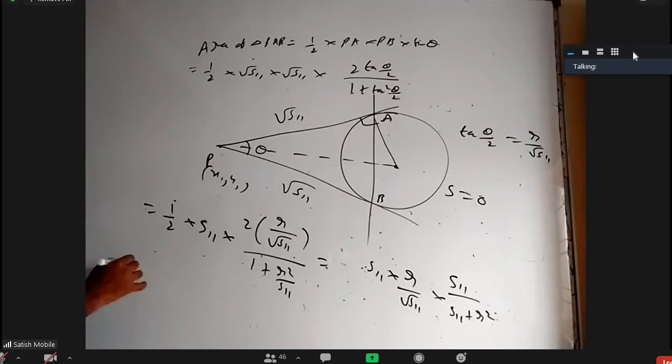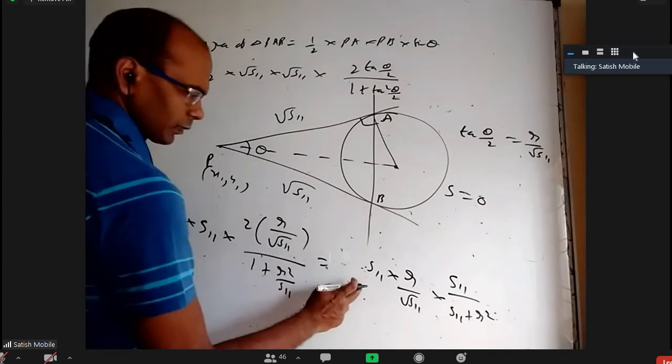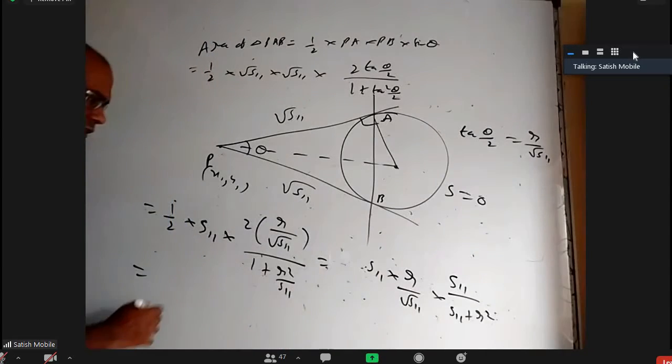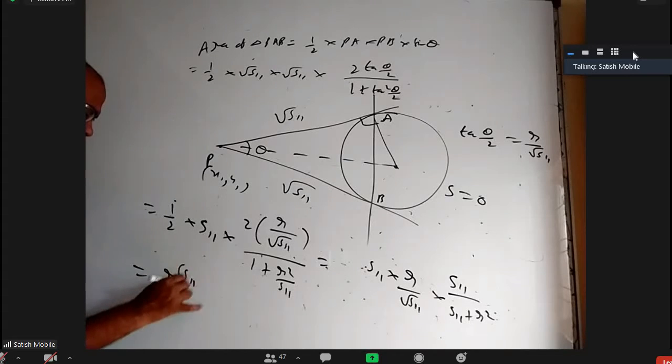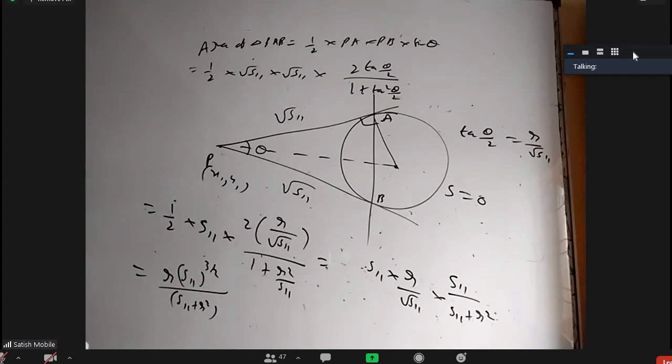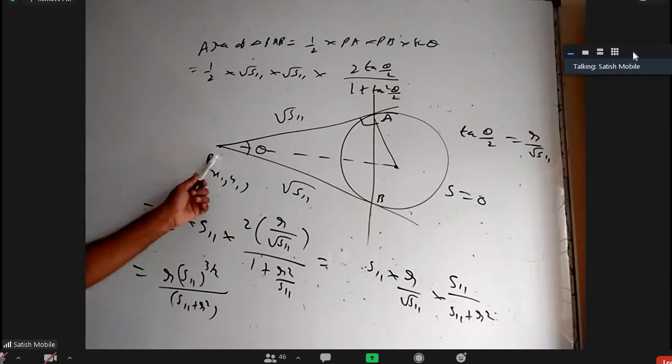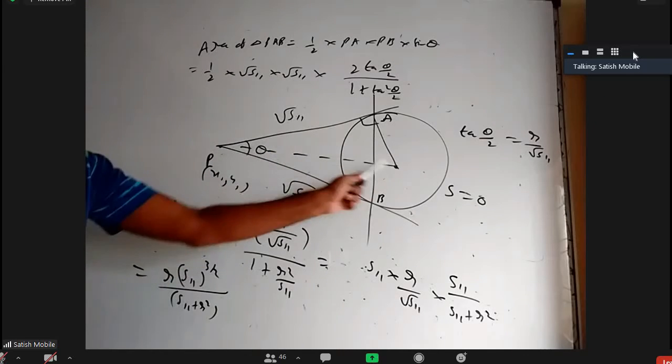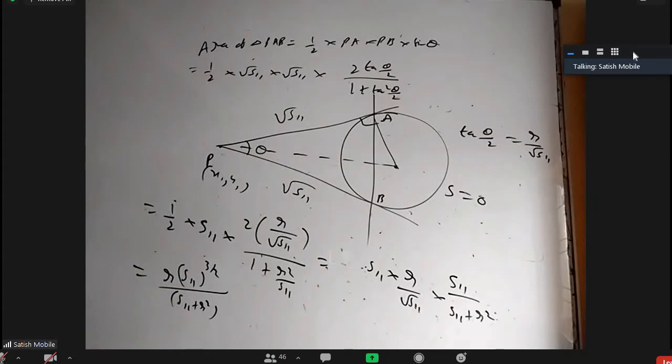Okay. So you can get S11 power 3 by 2. So r into S11 power 3 by 2 by S11 plus r square. Okay, that is the formula for the area of triangle PAB. Basically, S11 plus r square means this distance whole square, but it doesn't matter.